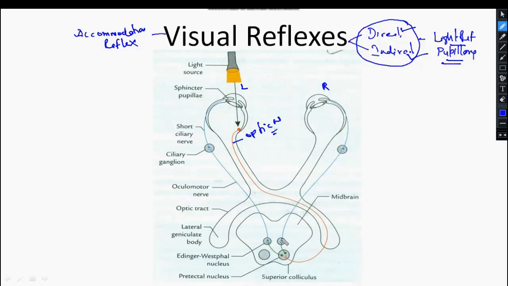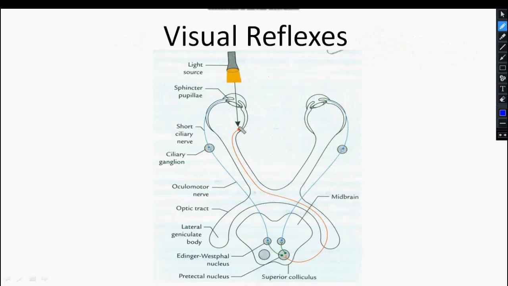Remember, it will go to both sides, and from the Edinger-Westphal nucleus, it will go through the oculomotor nerve to the ciliary ganglion on both sides, and through the short ciliary nerve. So the path from the nasal retina to the Edinger-Westphal nucleus is the afferent limb, and from the Edinger-Westphal nucleus on both sides to the sphincter pupillae is the efferent limb.